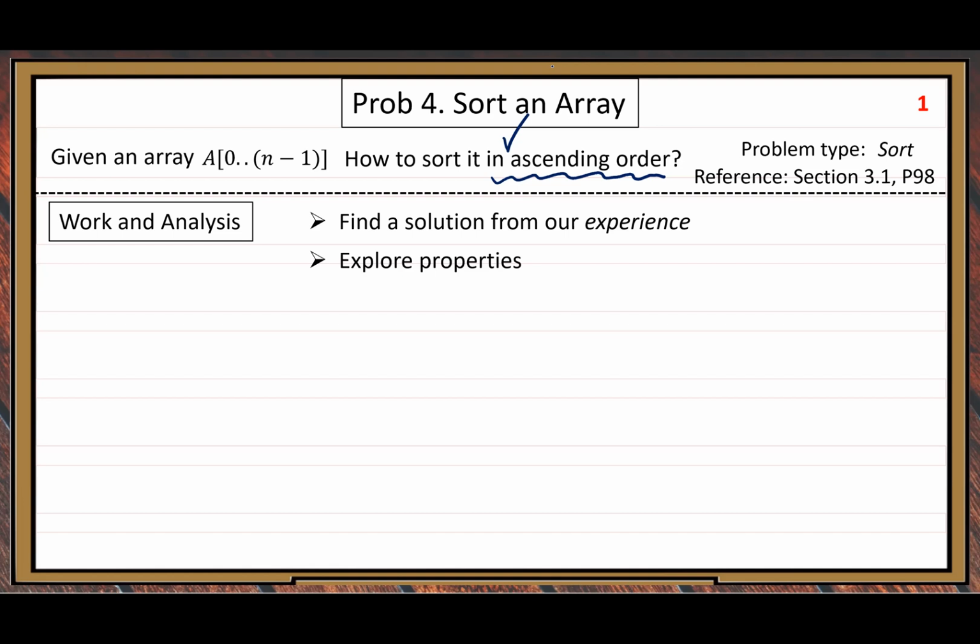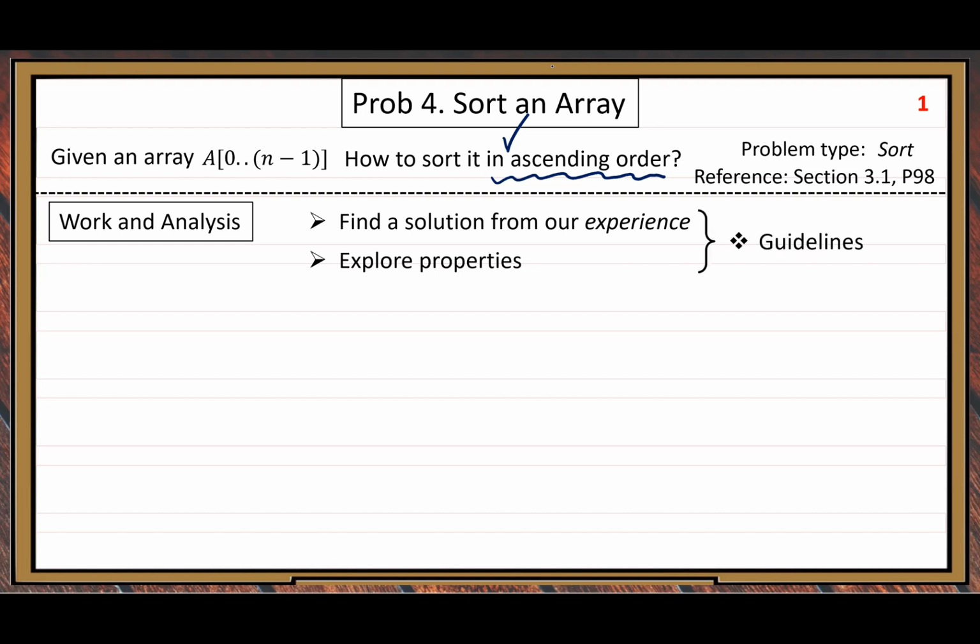So in this class, when I explain my problem-solving details, you will notice I will spend a lot of time trying to discover some critical properties. So these 2 steps are very general, almost true for all our problem solving, at least in this class.